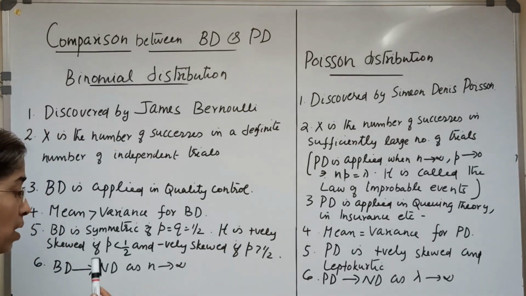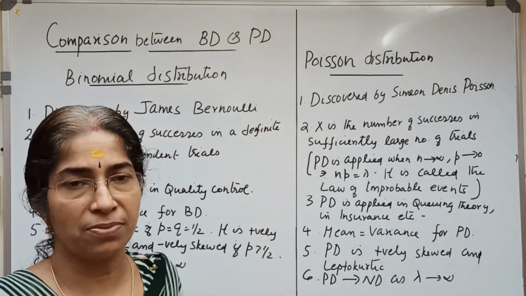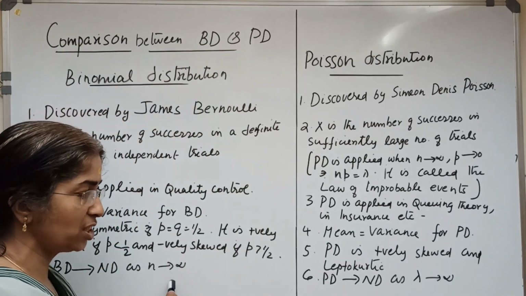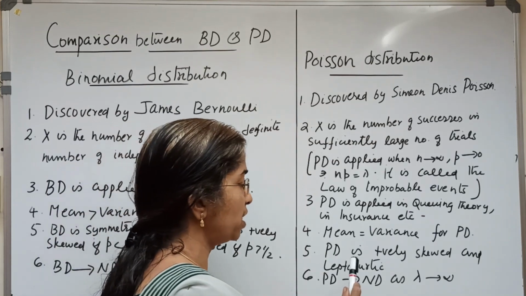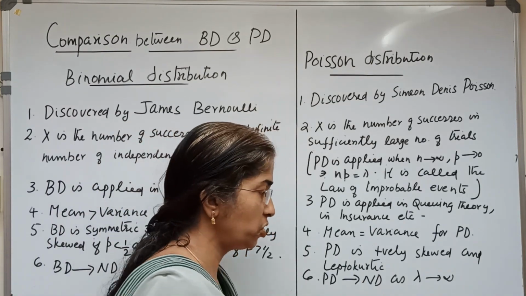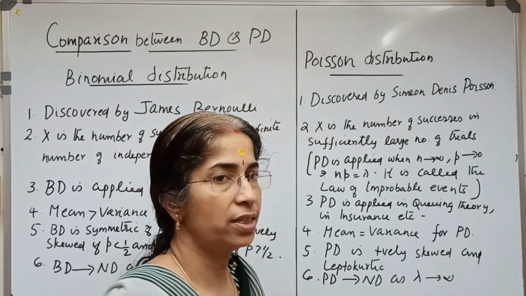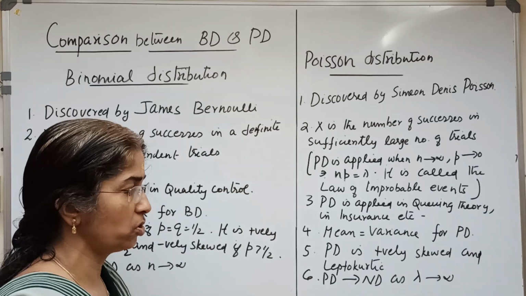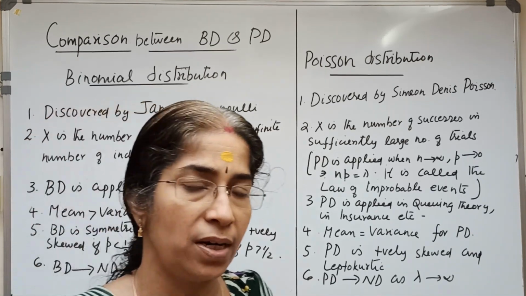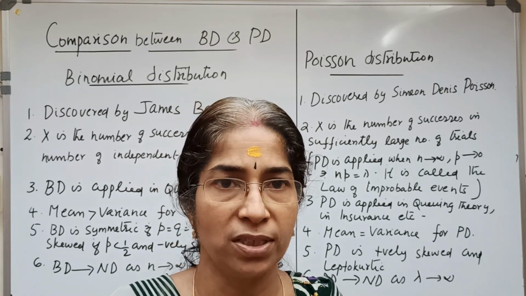Binomial distribution tends to normal distribution as n tends to infinity, whereas Poisson distribution tends to normal distribution as the parameter lambda tends to infinity. Both binomial and Poisson tend to normal distribution. Okay, thank you. We conclude Poisson distribution.